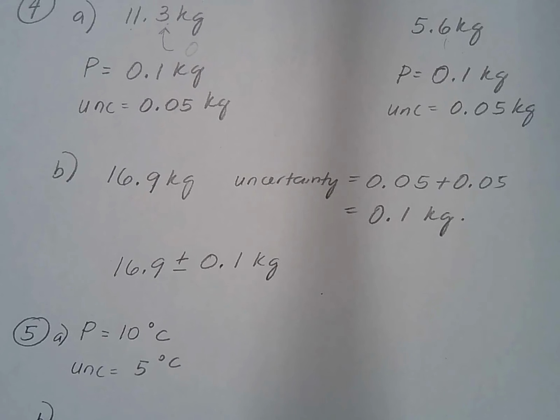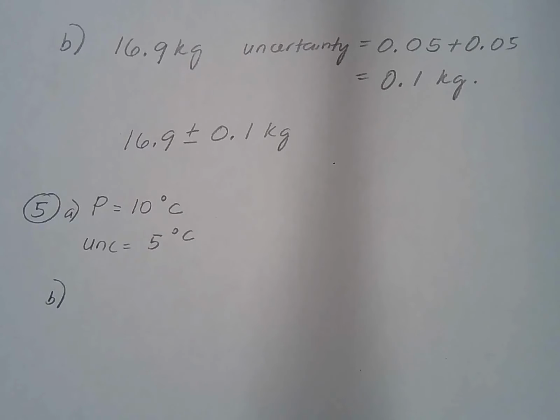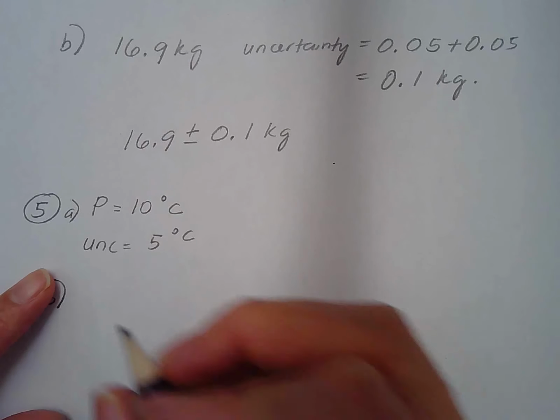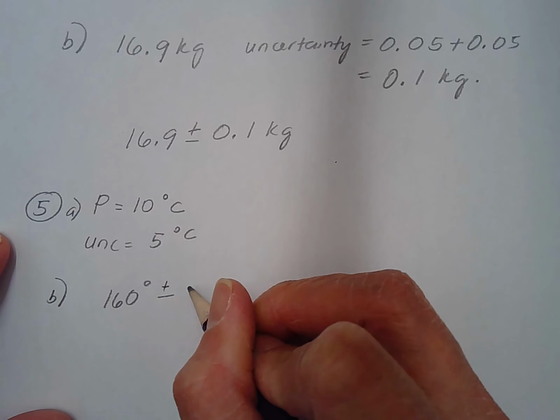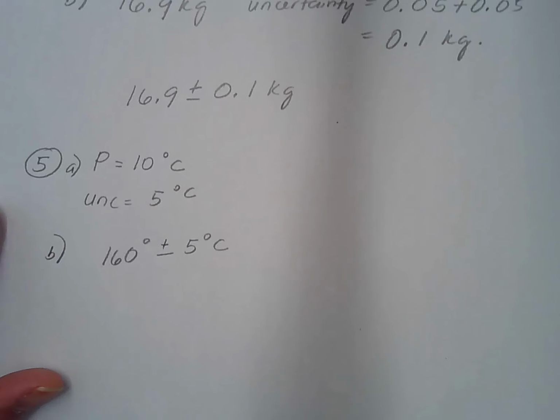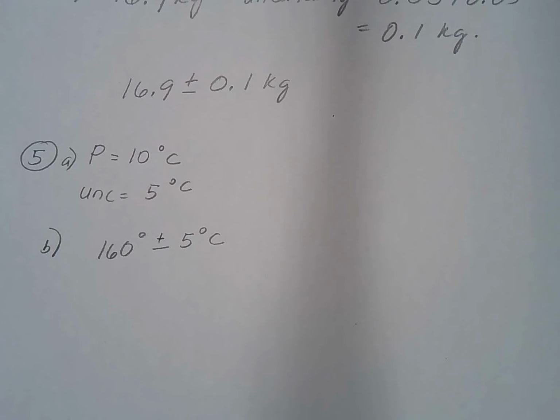The next question is, what is the maximum temperature and the minimum temperature of this oven? Because we have 160 degrees plus or minus the uncertainty, which is 5 degrees Celsius, that really means that when we read 160, it's give or take 5 degrees Celsius.